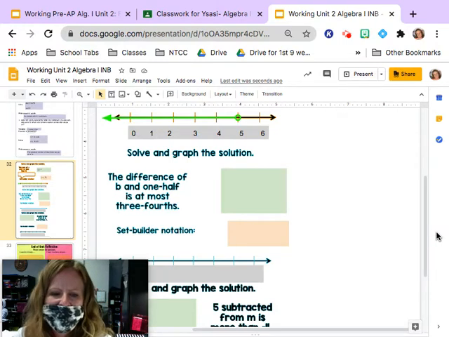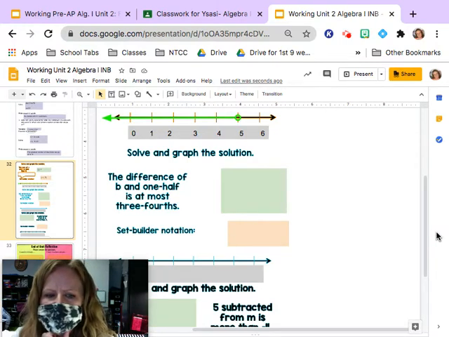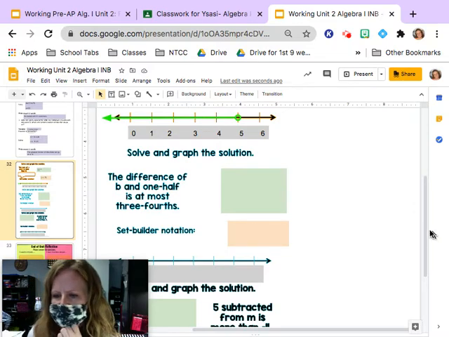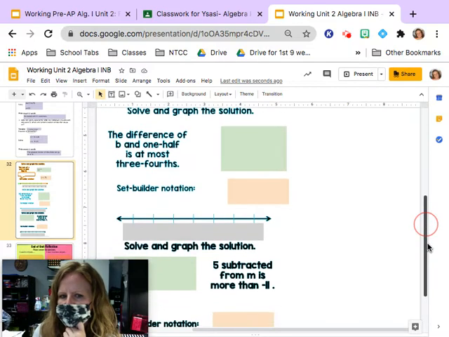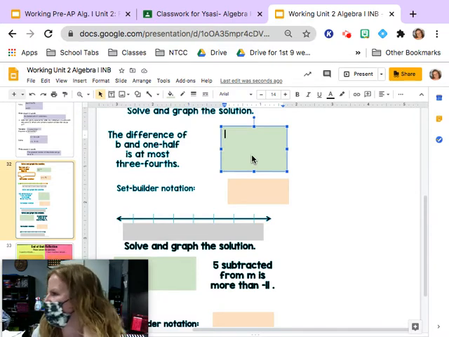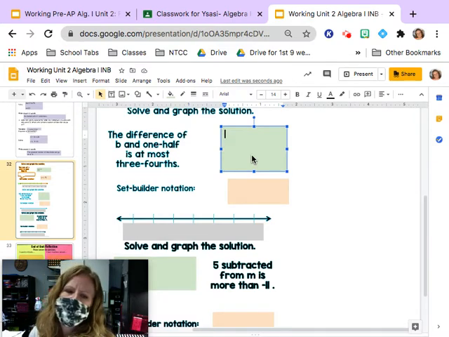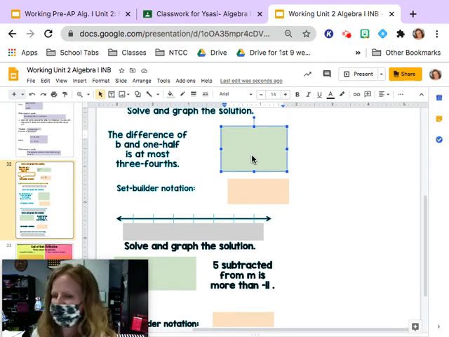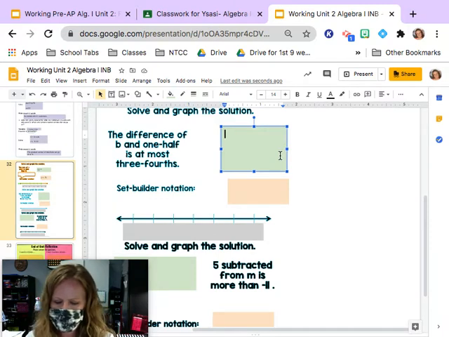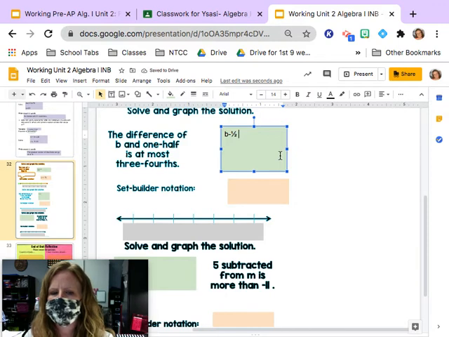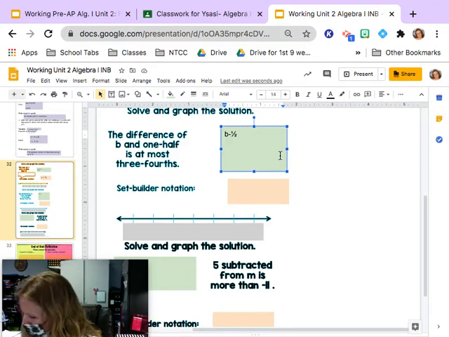The difference of b and 1/2 is at most 3/4. So difference. What operation is difference? Subtraction. So the difference of b and 1/2, so b minus 1/2 is at most. So look at your green paper. What is at most?